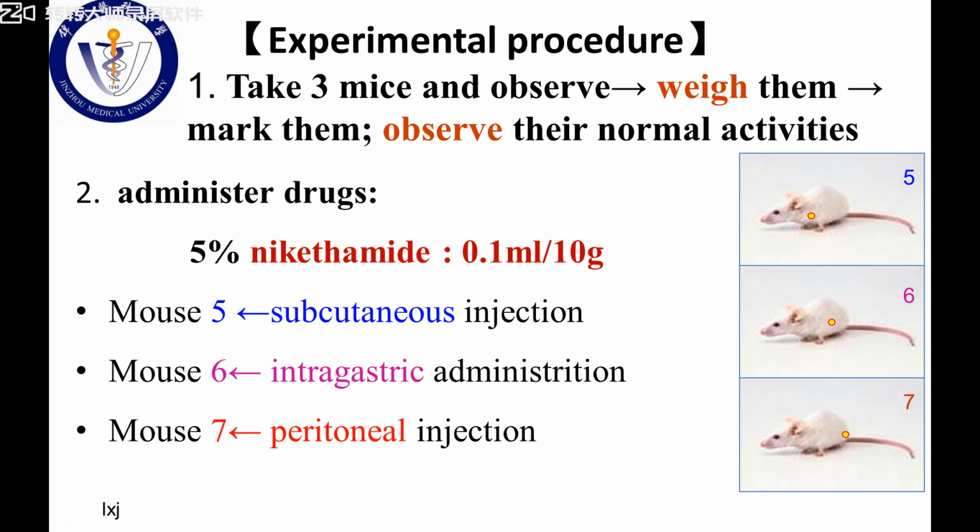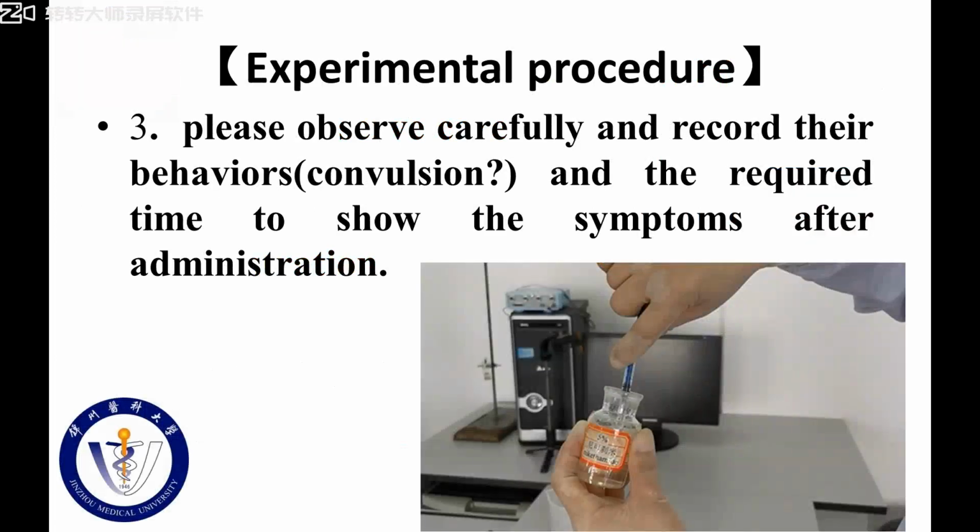For number 7, you should administer nicotinamide by peritoneal injection. And then observe carefully. Record their behaviors, especially observe whether the mice show convulsion, and record the time required to show the symptoms after administration.